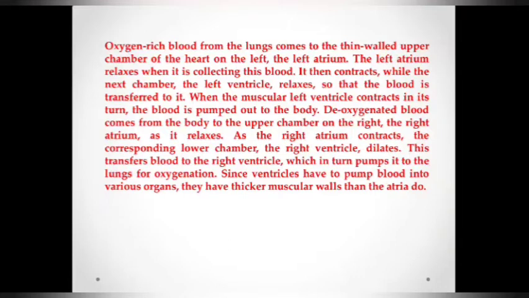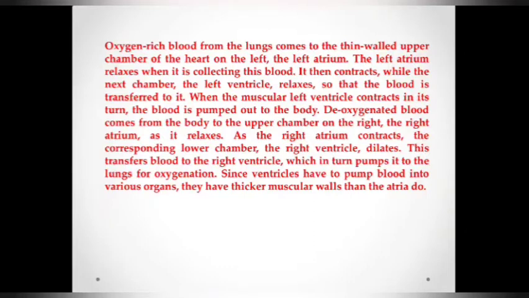It then contracts while the next chamber, the left ventricle, relaxes so that the blood is transferred to it. When the muscular left ventricle contracts in its turn, the blood is pumped out to the body.